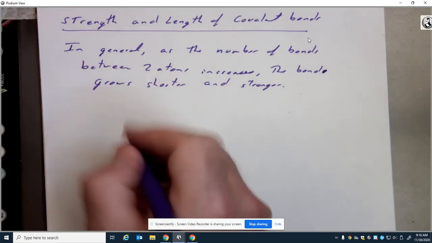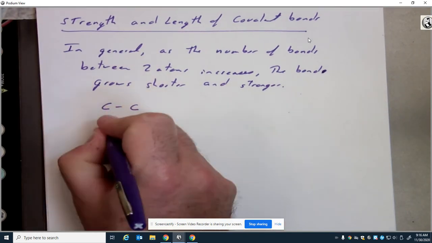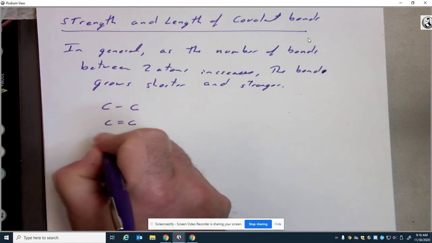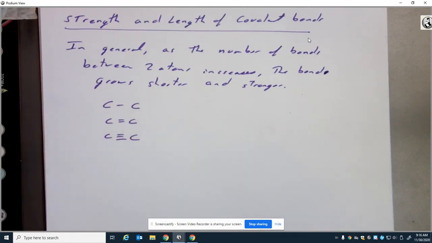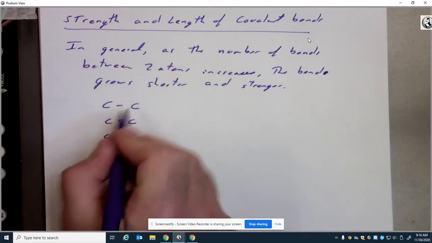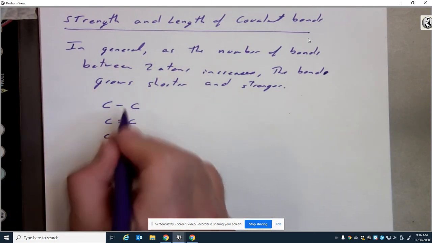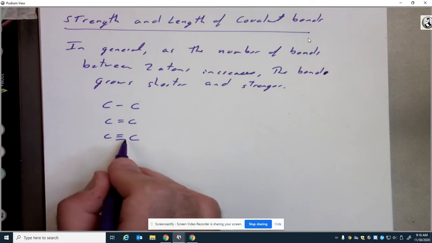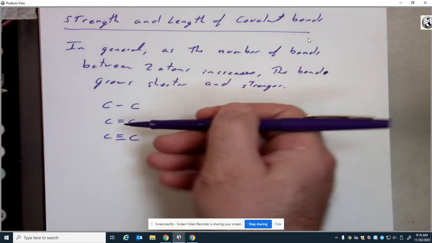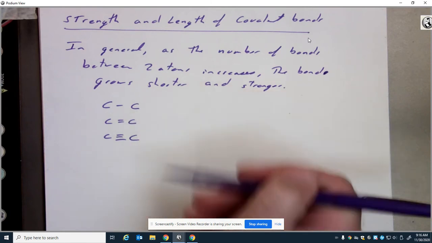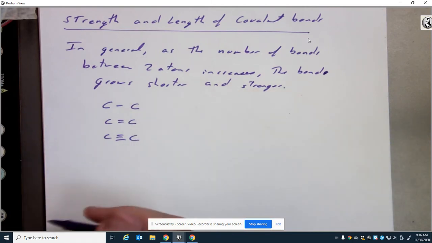So if we compare these three bonds, we got a carbon single bond, a carbon double bond, and a carbon triple bond. So this is only sharing one pair of electrons. This is sharing two pairs of electrons. This is sharing three pairs of electrons.